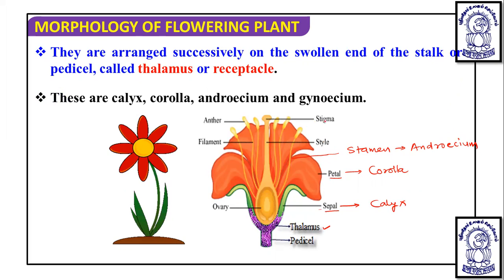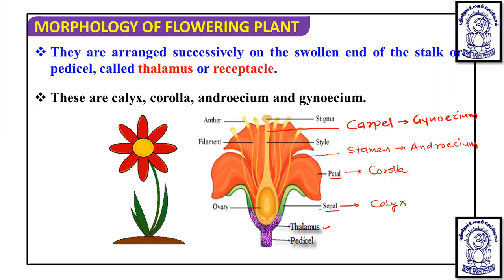Then the style, stigma, and ovary make up this structure, and this whole structure is known as carpel, and the carpel group is known as gynoecium. This carpel is divisible into the stigma, the swollen end, then the style, and this whole part is the ovary. In the same way, androecium has the anther at this part, and this is the filament.